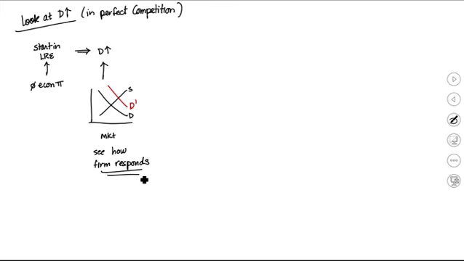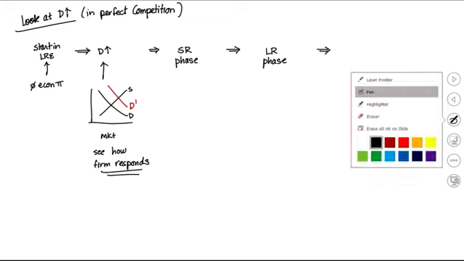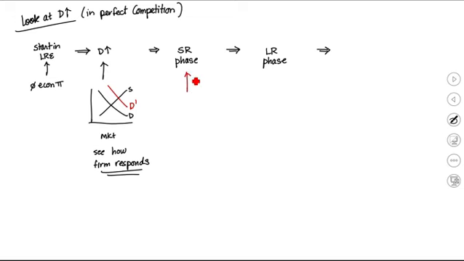We want to see how the firm responds. And there's going to be a short run phase and a long run phase. After we get through the short run phase and the long run phase, and we remember the difference, right? In the short run, some factors of production are fixed.